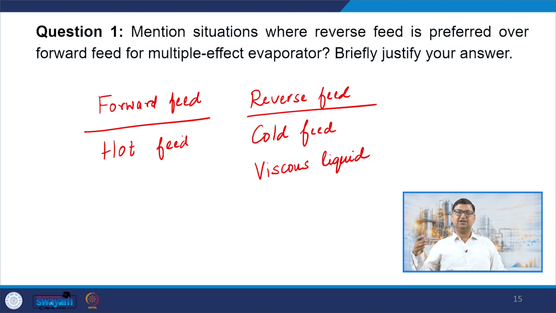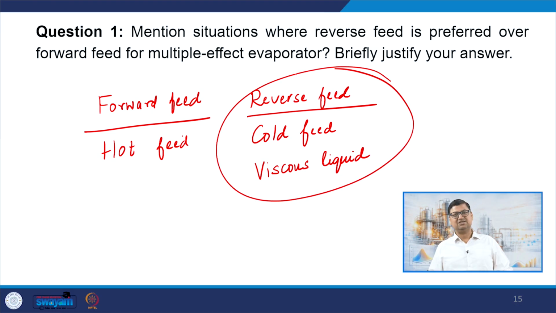As the concentration increases, liquid becomes more and more viscous. So in the case of reverse feed, it is leaving the hotter effect, and since the viscosity decreases with temperature, it will be easier to flow in the case of a reverse feed effect. The downside of this is the reverse feed will require pumping, and this will require no pumping.